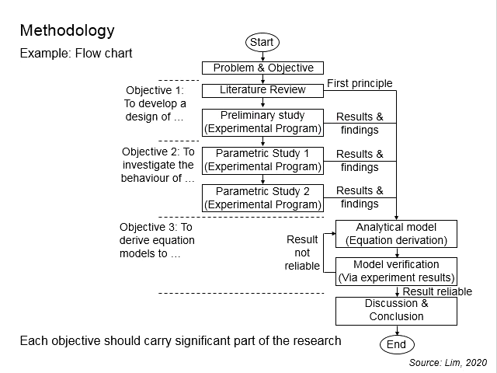The research proceeded with the parametric studies, which were divided into 2 stages because the number of parameters covered went beyond the manageable level, so you separate them into 2 stages.